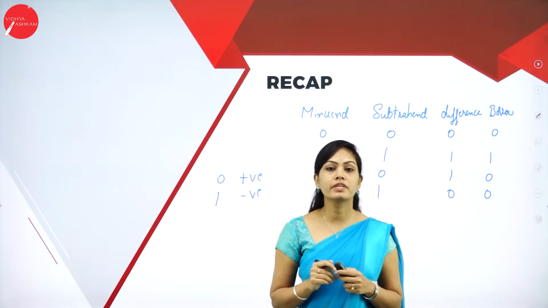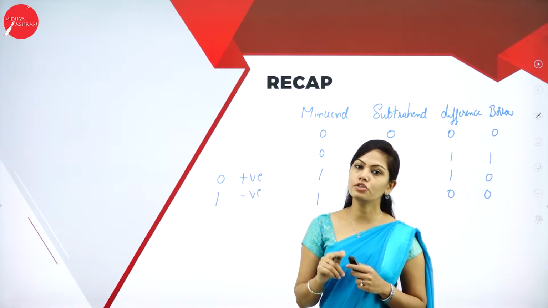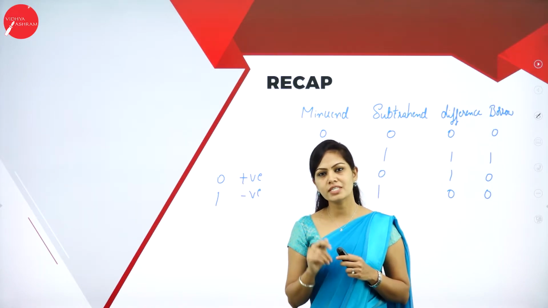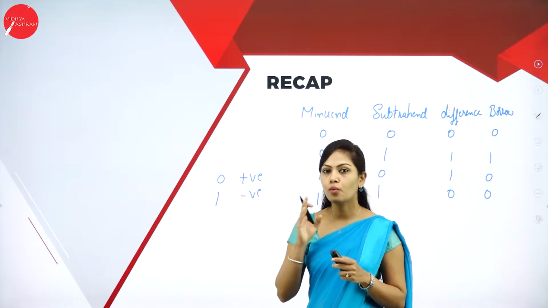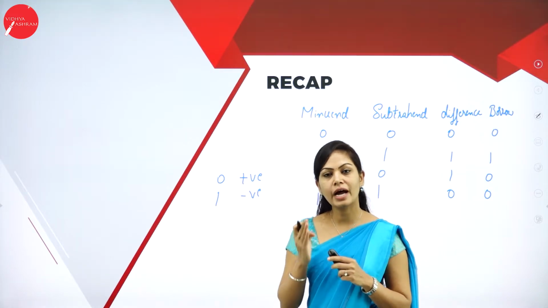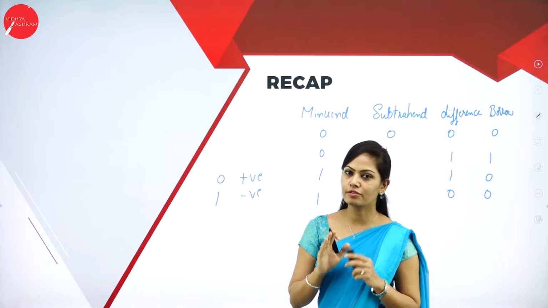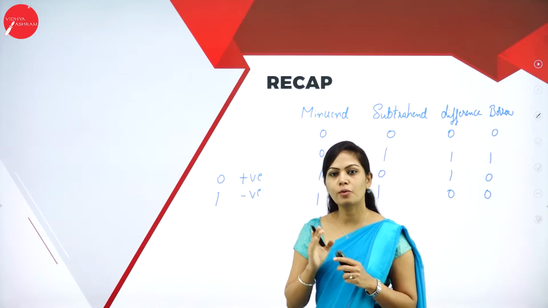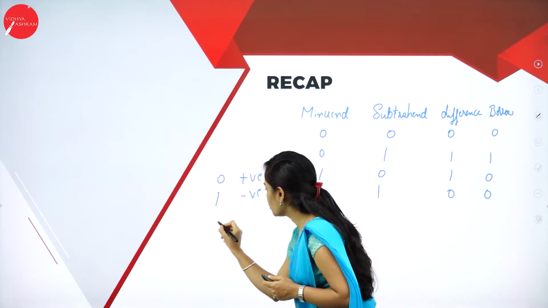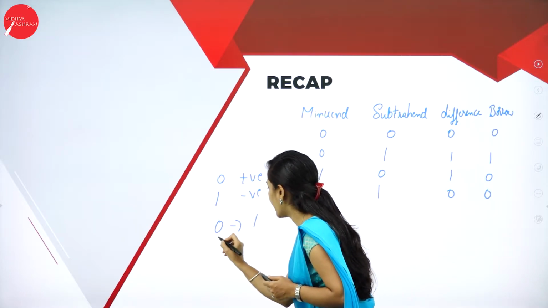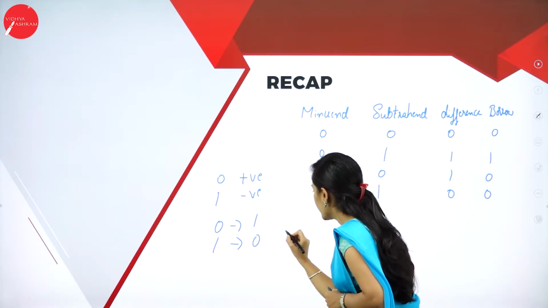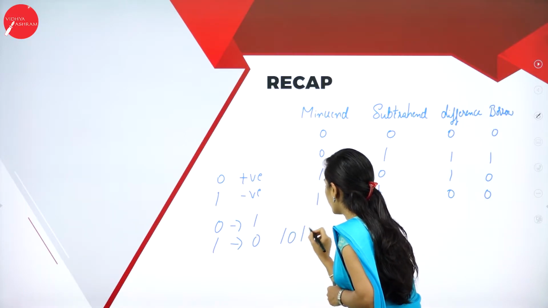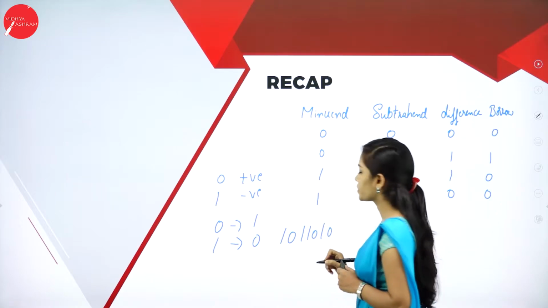And also I have discussed 1's complement and 2's complement method. So what is 1's complement method? In 1's complement method, each 1 changes to 0 and 0 changes to 1. Very simple concept. 1's complement method means 0 changes to 1 and 1 changes to 0. Example, take one binary value 10110110.